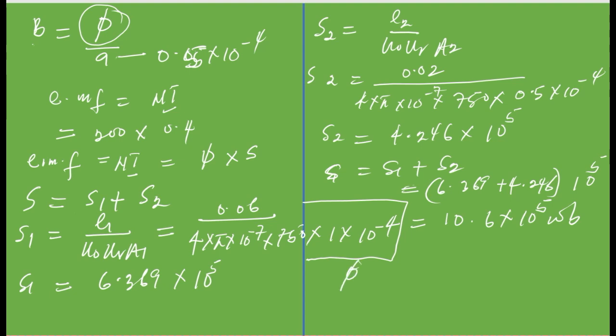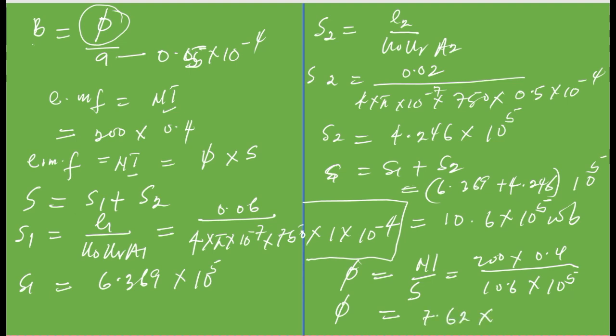Our flux is equal to Ni over S, which is equal to 200 times 0.4 over 10.6 times 10 raised to the power 5. So my flux from here will be the same thing as 7.62 times 10 raised to the power minus 5.